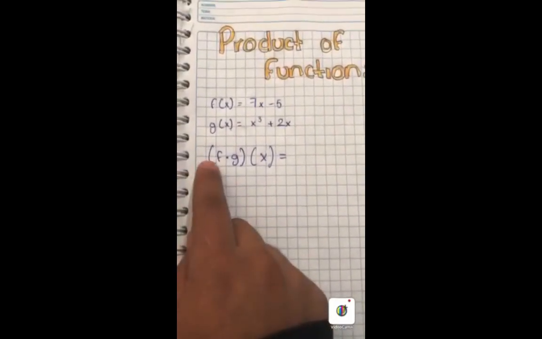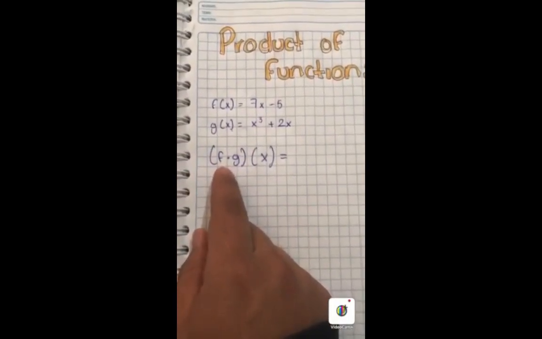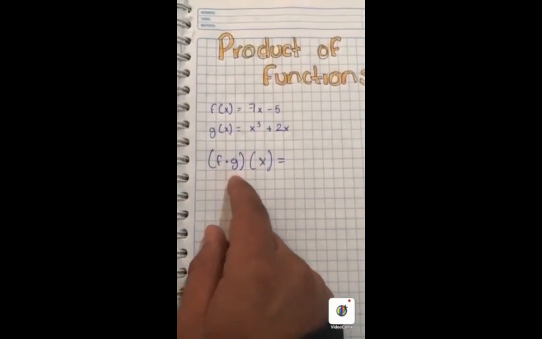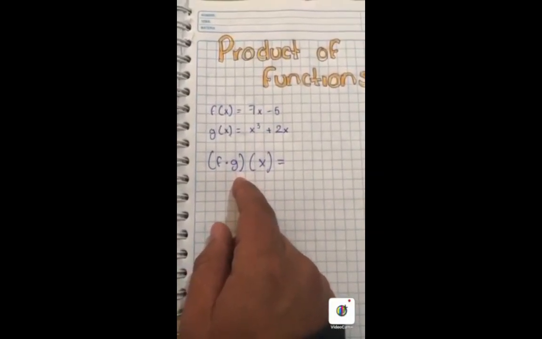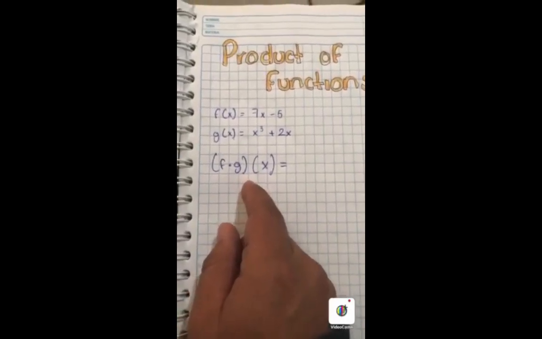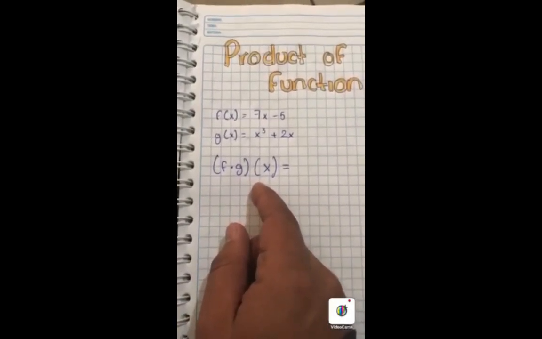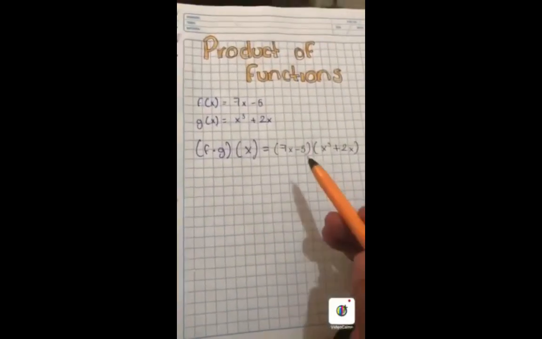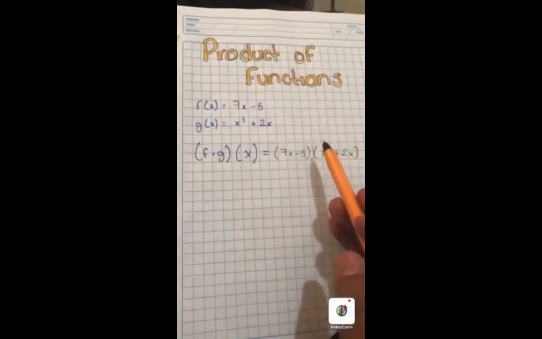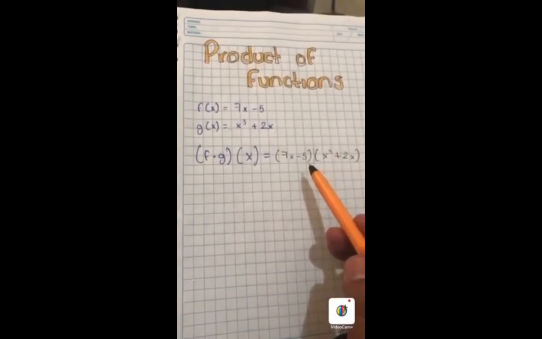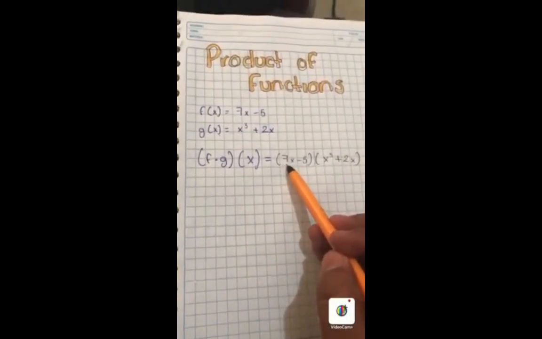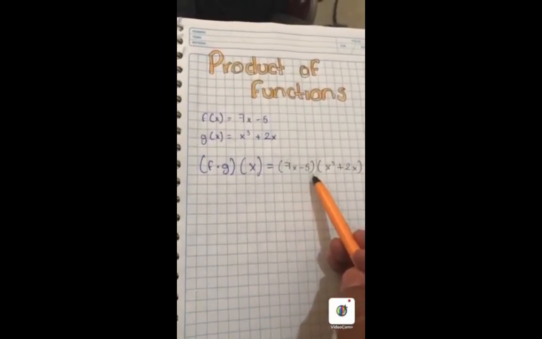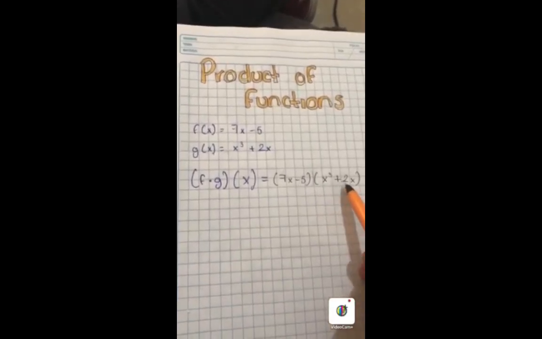f multiplied by g of x is equal to f of x multiplied by g of x. All of that is substituted and is equal to 7x minus 5 times x cubed plus 2x.